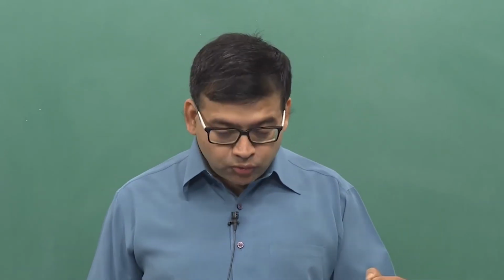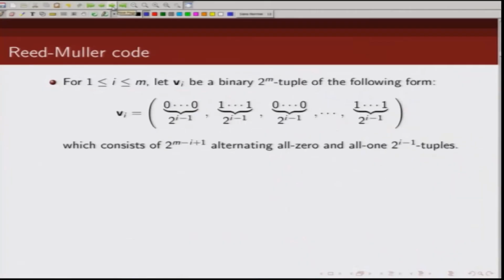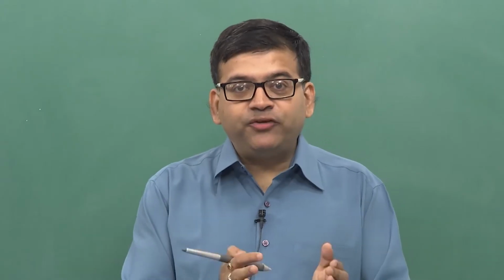Now, how do we construct a Reed-Muller code? To do that, let us define a binary m tuple, let us call it Vi. For i going from 1 to m, we define a binary m tuple in this particular fashion. There are alternating runs of zeros and ones.